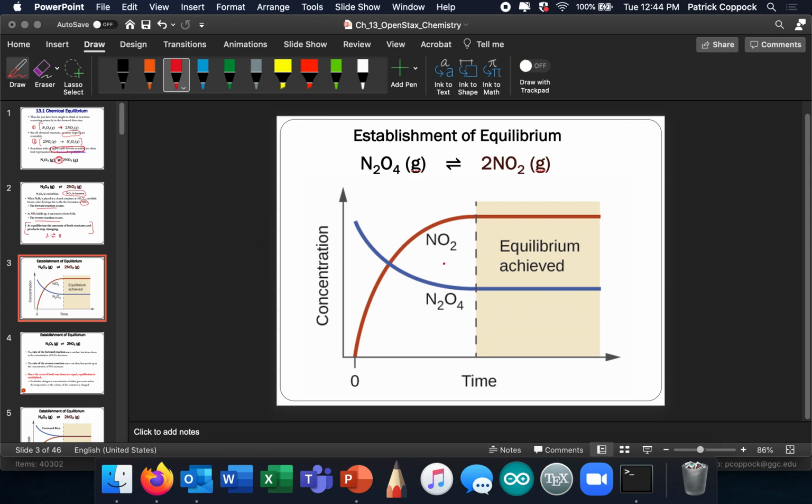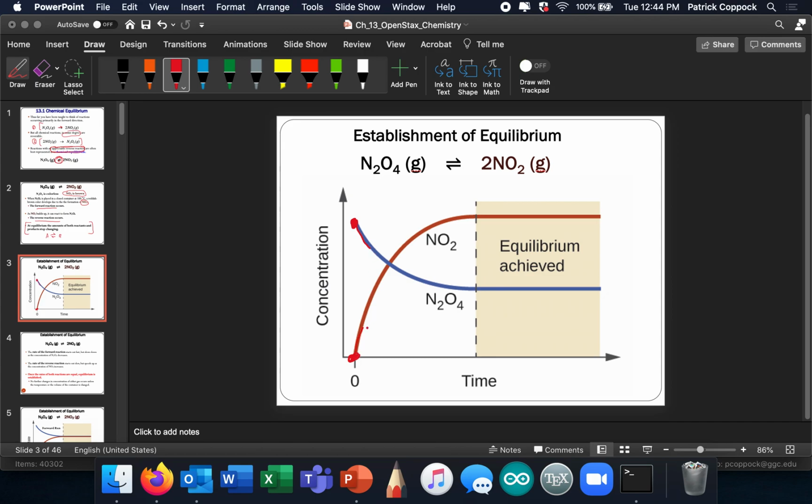So over time, let's suppose we've got a bunch of dinitrogen tetroxide. So it starts up here, 0 nitrogen dioxide at time 0. You see how the red curve here represents the amount of NO2, right? So we have no NO2 at the beginning, and everything we have is N2O4. As time goes on, the N2O4 drops and the NO2 is being formed.